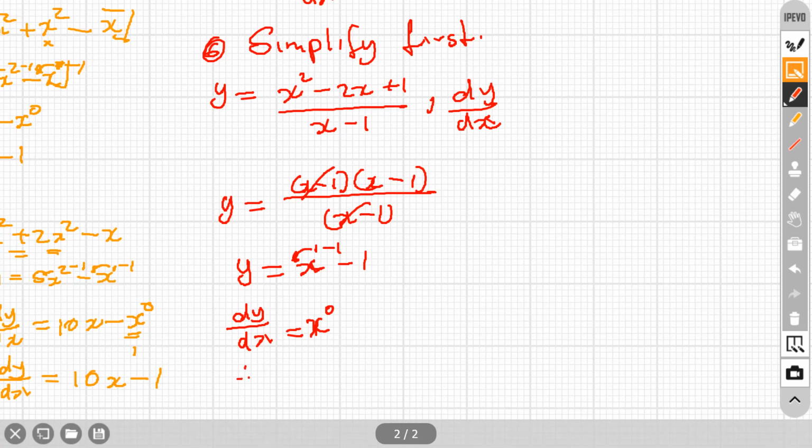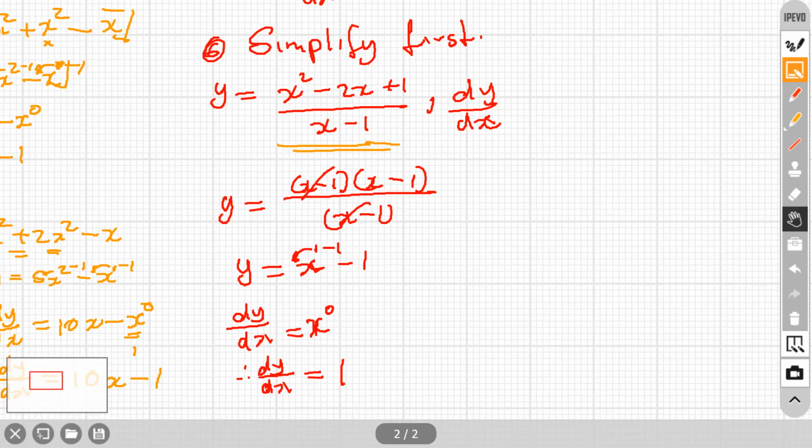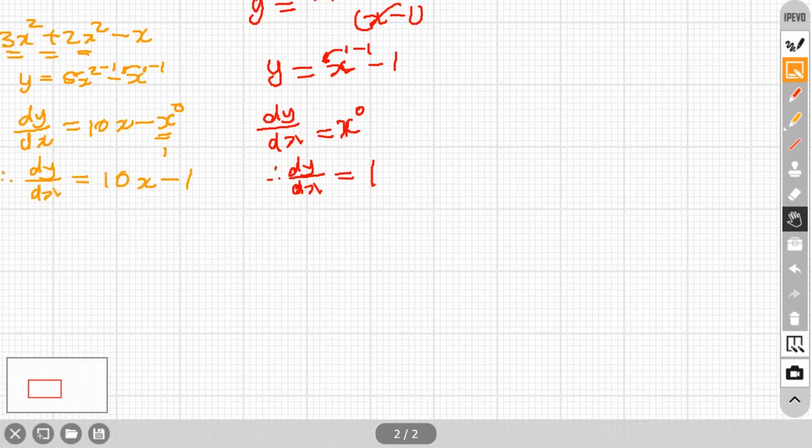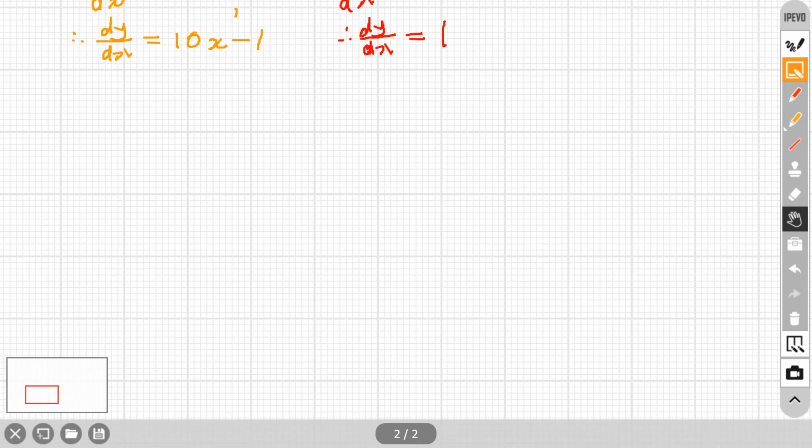Therefore dy over dx will equal 1. So whenever you have something of this form, whether you factorize or simplify first, whatever works best for you, but it is impossible to differentiate without simplifying first.